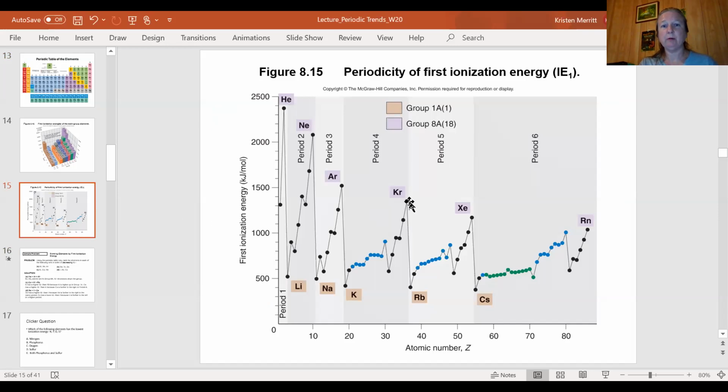But here's krypton, here's argon, and here's helium. So the larger you go, look at how, like here's xenon, it's actually lower than the oxygen here. Krypton looks like it's equivalent to between the nitrogen and oxygen ionization energy. So the size of the element makes a significant difference.